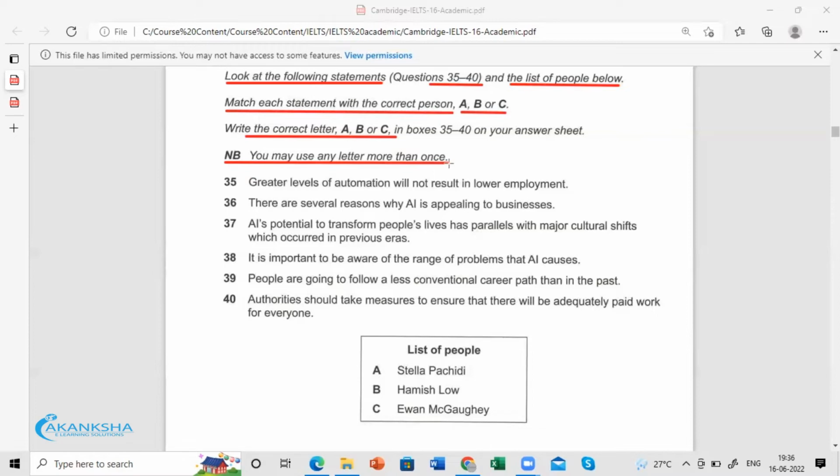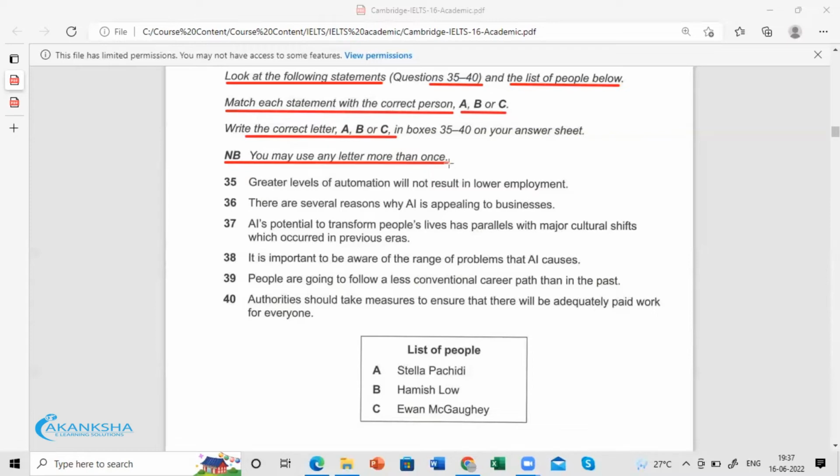Once you locate their names, read what they actually say in the inverted commas which is given in the passage. Then come back here and see which statement matches with that. That's all we have to do.